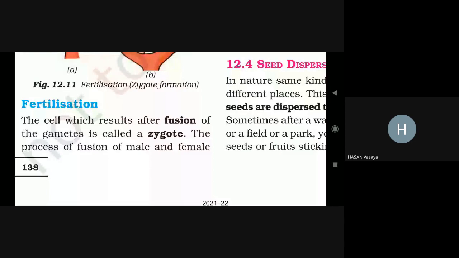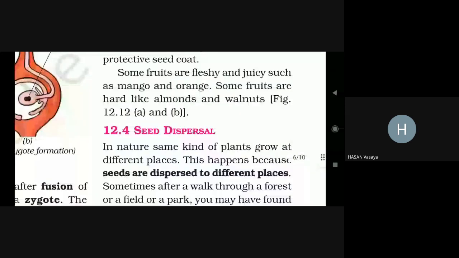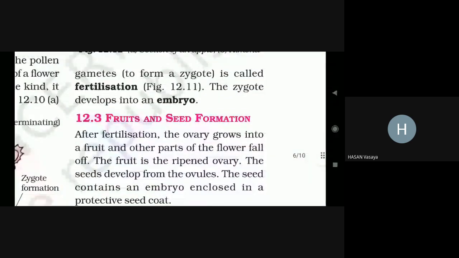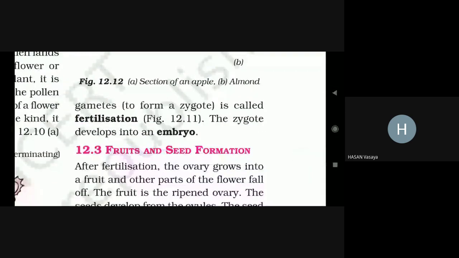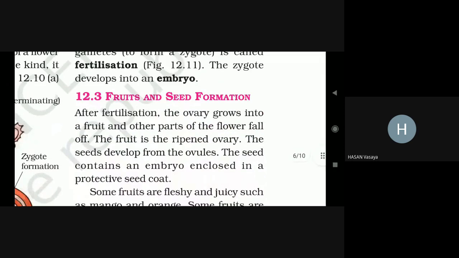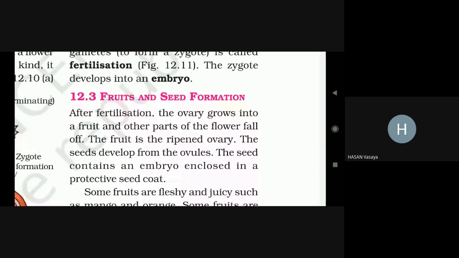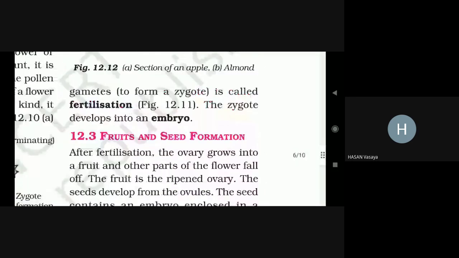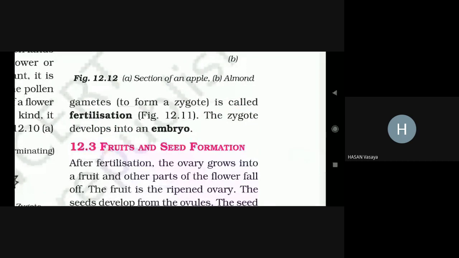Cells from male and female fuse, we get a zygote. This process of fusion is called fertilization. That zygote is formed and it develops and turns into an embryo.